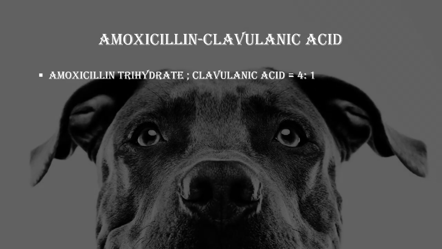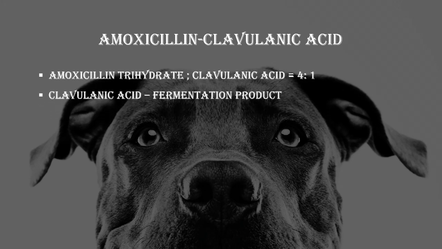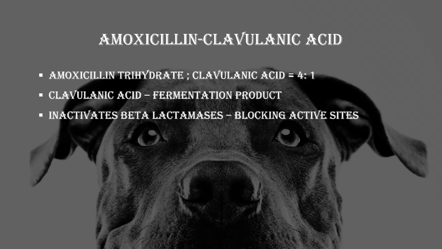Now let's talk about one of the most important combinations of amoxicillin with clavulanic acid. Amoxicillin trihydrate and clavulanic acid are taken at the ratio of 4:1. Clavulanic acid is a fermentation product of Streptomyces clavuligerus, and clavulanic acid inactivates the beta lactamases by blocking the active sites of the enzymes.